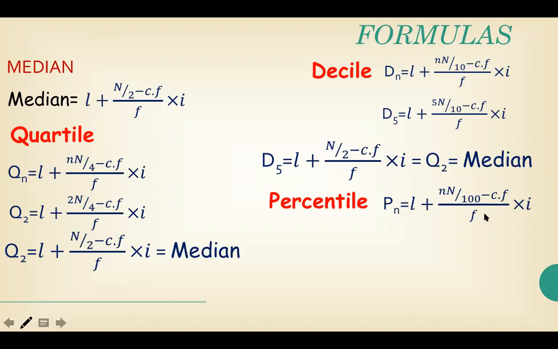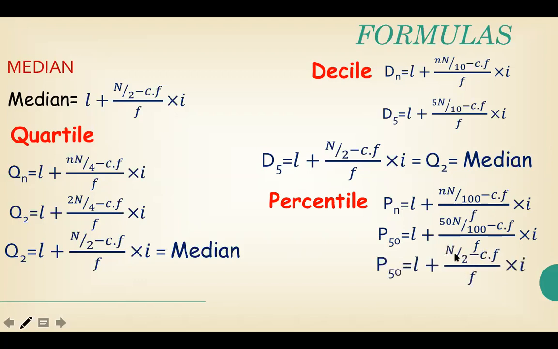Let us suppose that I have to find the 50th percentile of the data set. Here I give the value of n as 50. When we simplify this formula, it becomes the formula of the median also. So this means that the 50th percentile is also the midpoint of the data set.